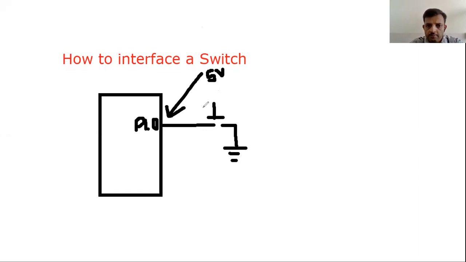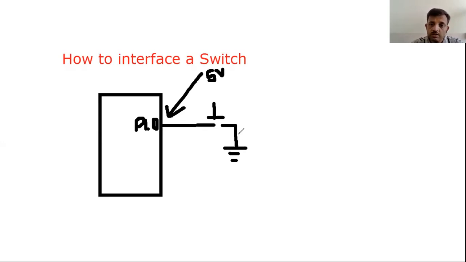So this is supposed to be pulled up, and when you press a switch, this will go to 0. So we can easily detect the status of the switch, whether it is high or low, depending on whether the switch is open or closed. When the switch is open, it indicates logic high. When the switch is closed, it indicates logic 0.